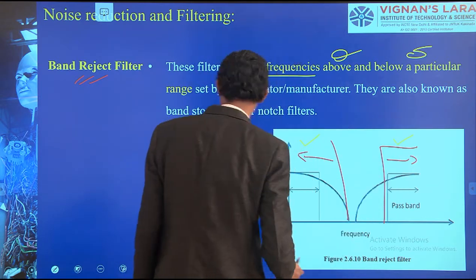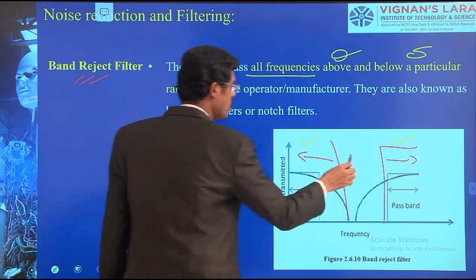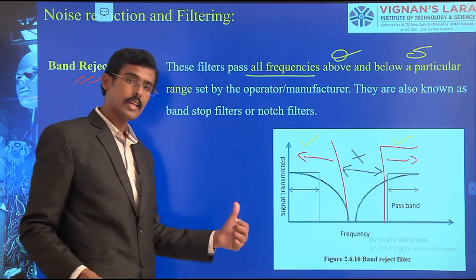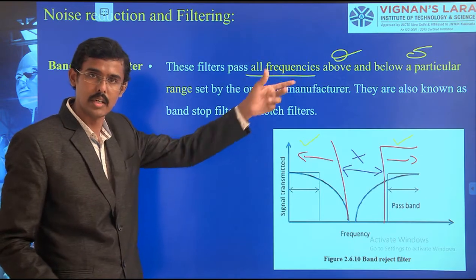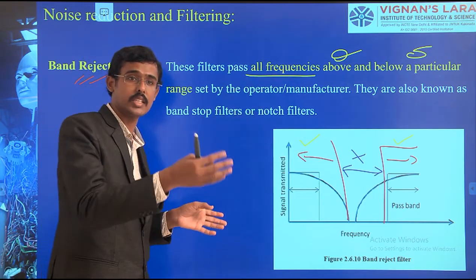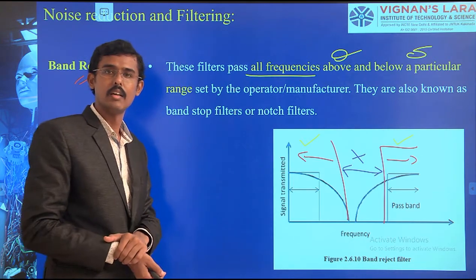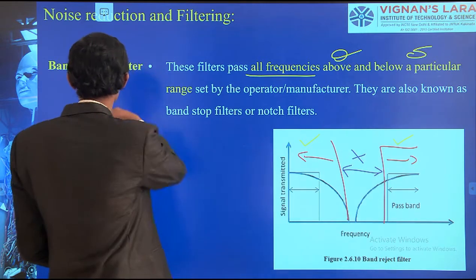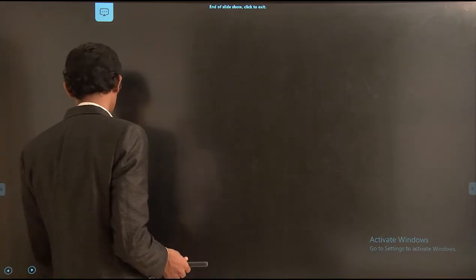I have no need for this zone. Earlier, the center part we accepted. The right and left away parts which we rejected earlier, we are accepting here, and the center we reject. This is the band reject filter.